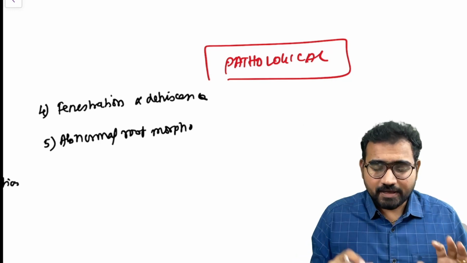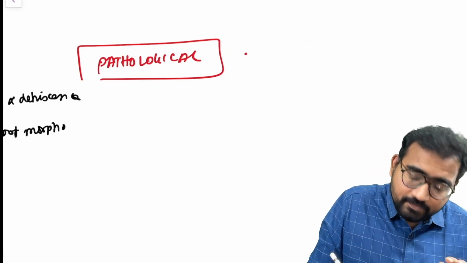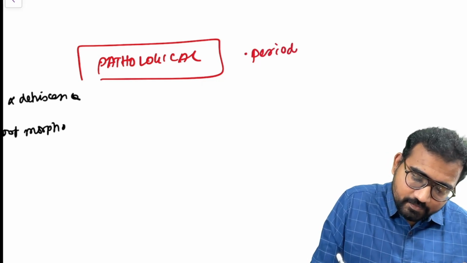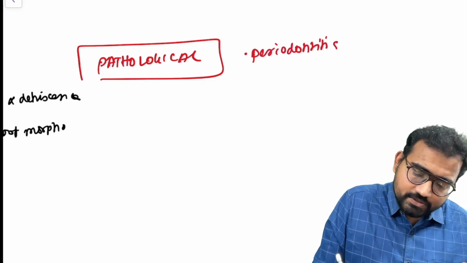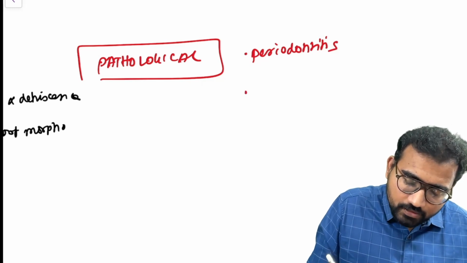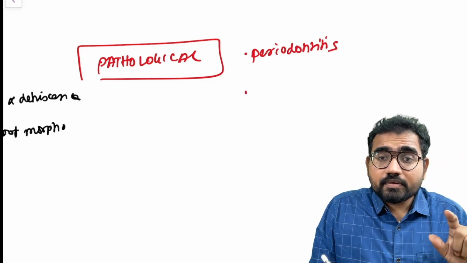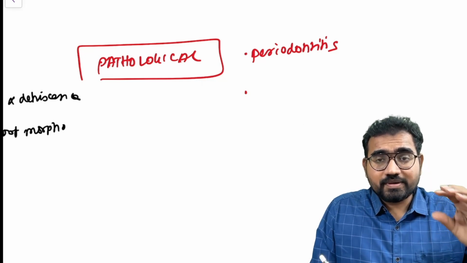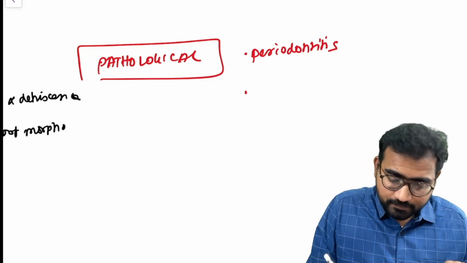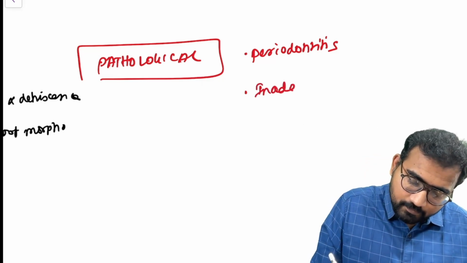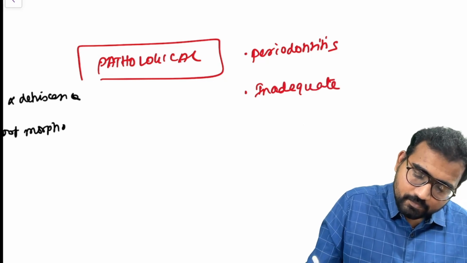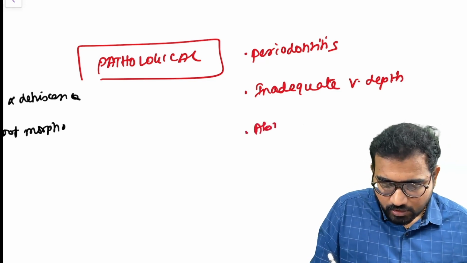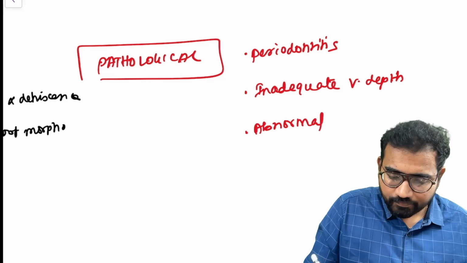As the name implies, it denotes inflammatory diseases, periodontitis, inadequate vestibular depth, and abnormal muscle pull.